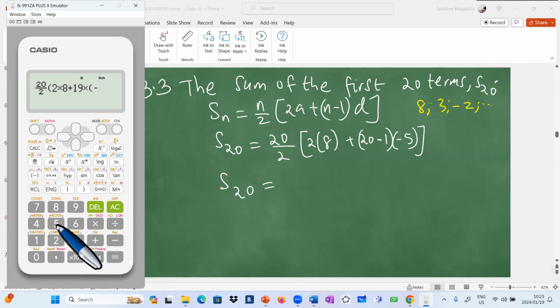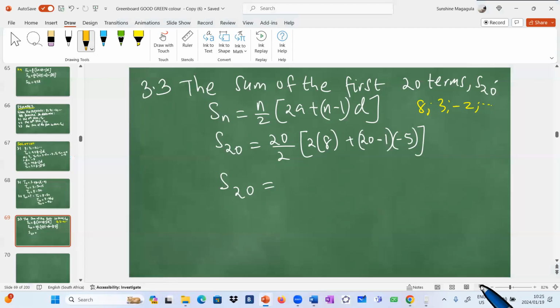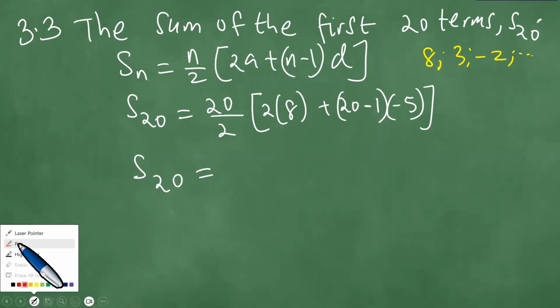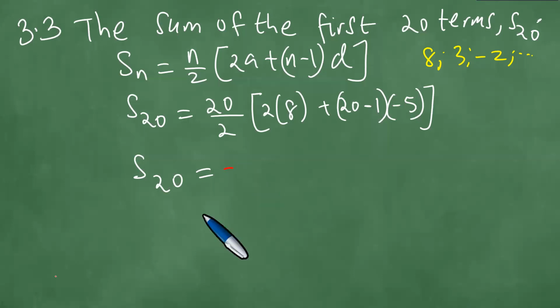Is the answer minus 790? Minus 790. Yes, I got it right. Minus 790 is the answer.